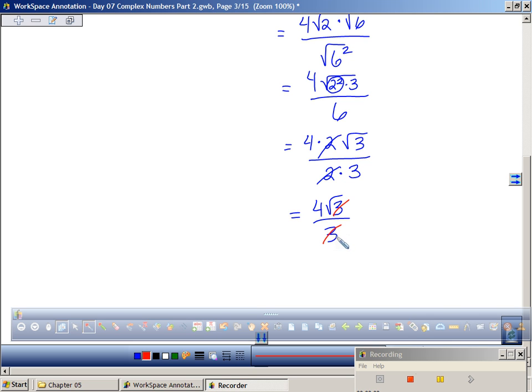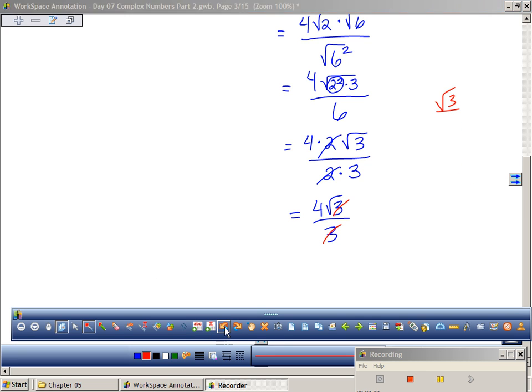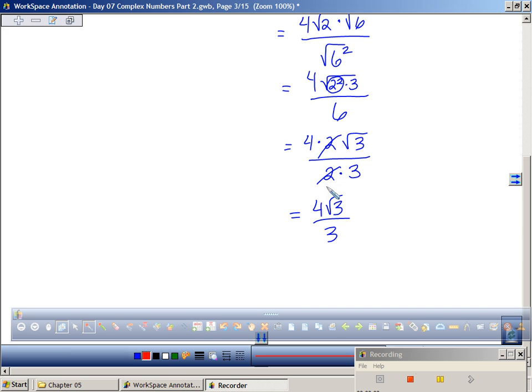Because it equals 1. Good job. Right? Does root 3 over 3 equal 1? No, so you can't do that. Only if it equals 1. That's why we've crossed off the 2 and the 2, because 2 divided by 2 is 1.